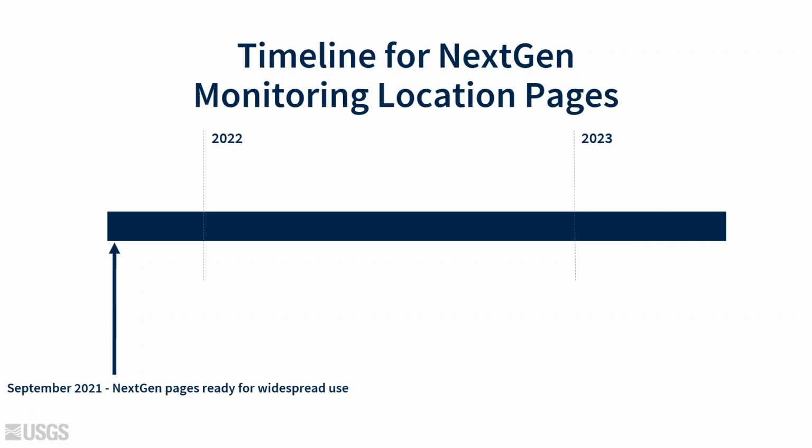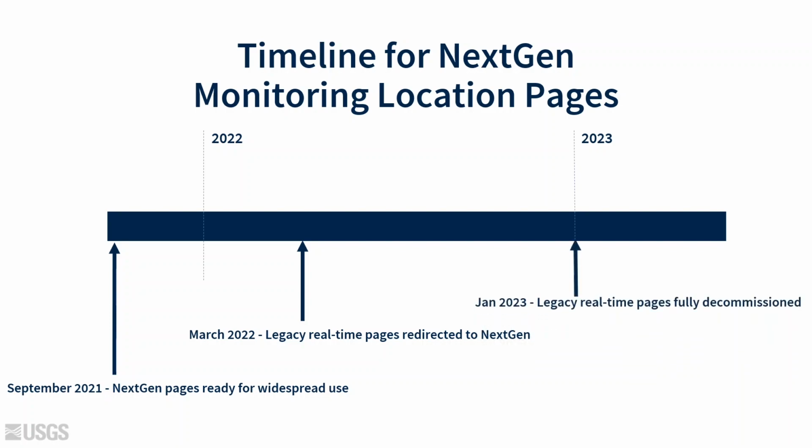Legacy pages will be on a path to being turned off entirely, and in March of 2022, the legacy real-time pages will be redirected to next-gen pages, but you can still get to the legacy real-time pages with one click if you need them. In January 2023, legacy real-time pages will be fully decommissioned and no longer available. There are lots of other legacy pages that will still be around for a while longer, but in January 2023, there will be no more legacy real-time pages.